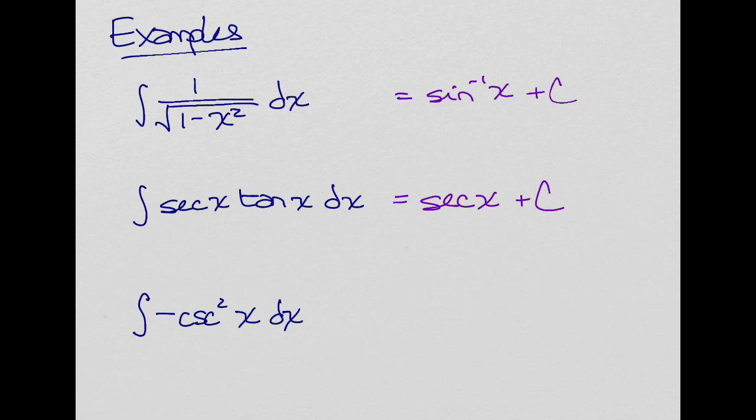So all those trig functions, all the ones whose derivatives we know, we can now talk about with antiderivatives. What function has as its derivative negative cosecant squared x? That would be cotangent x. So when you see that integral sign, it means exactly the same thing as: here's a function, find its antiderivative.